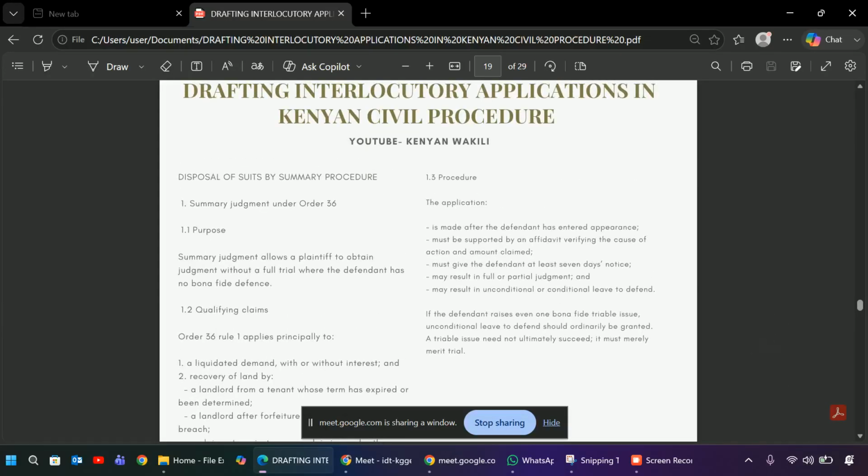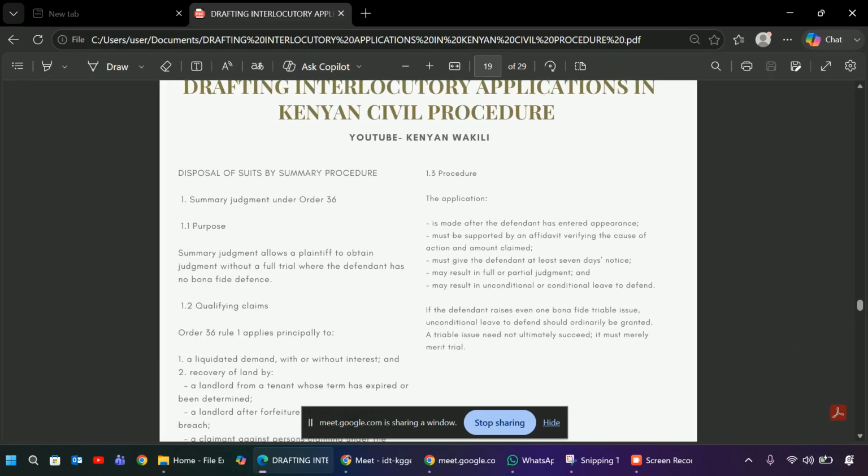Now at times, remember in our session earlier we said disposal of suits by summary procedure is different from an application to strike out a plaint. Okay, so let us start with disposal of suits by summary procedure. You can be told by the examiner that there is a claimant.